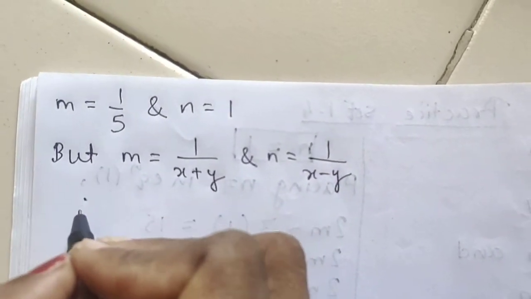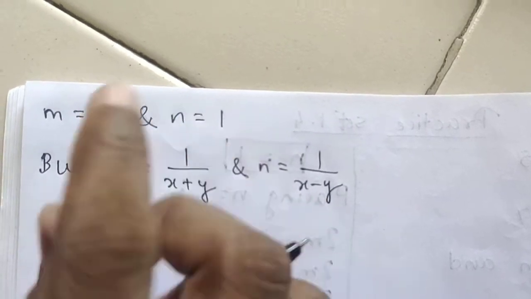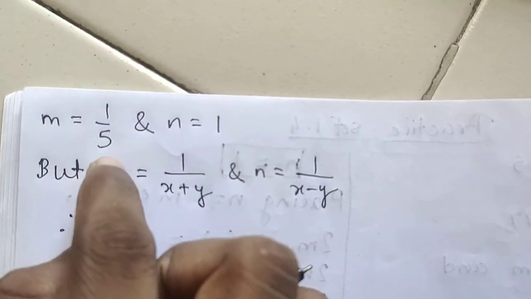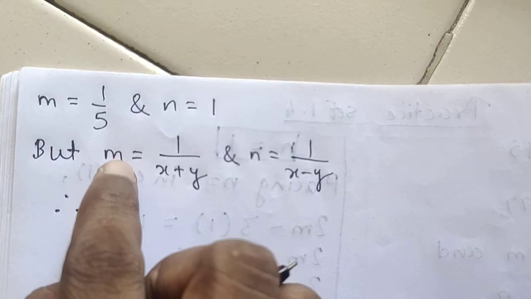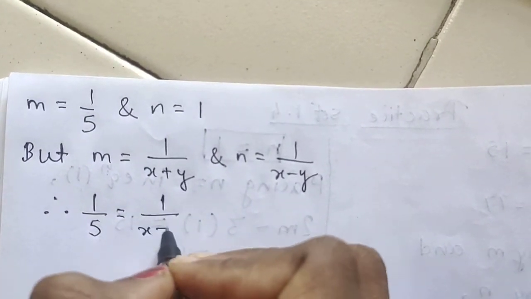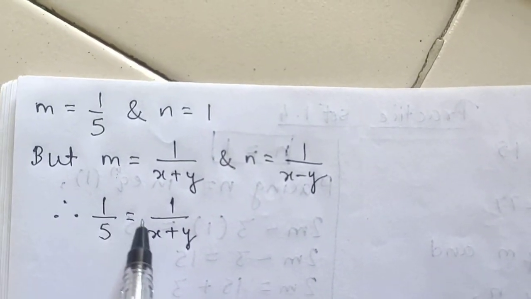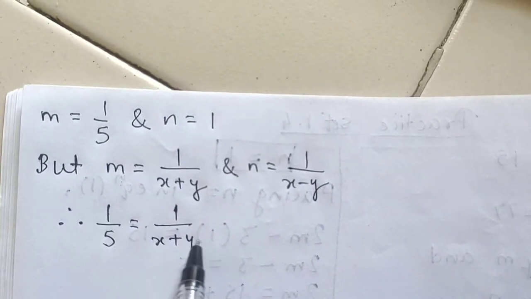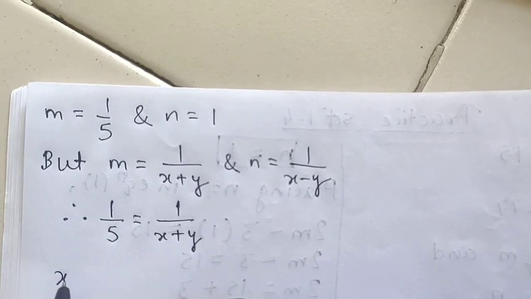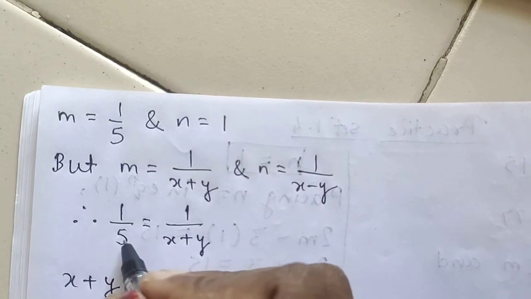Now let us put the value of m and n. What is m? 1 upon 5. See, m is equal to 1 upon 5. So what we are doing, we are replacing m by 1 upon 5. Okay, now let us do cross multiplication. 1 into what? X plus y. So what you are getting? X plus y is equal to, what is the cross of this? 5 1 ja 5.